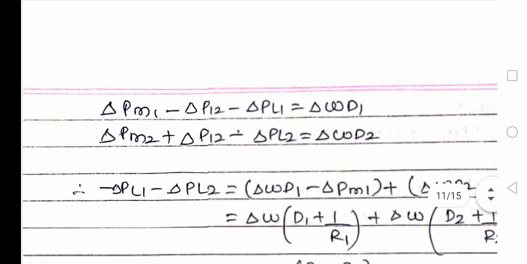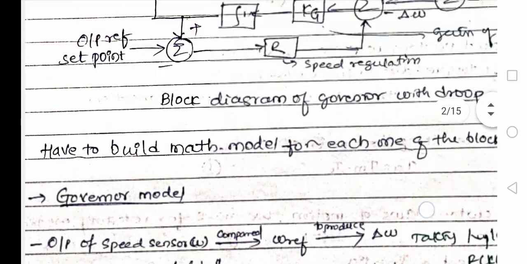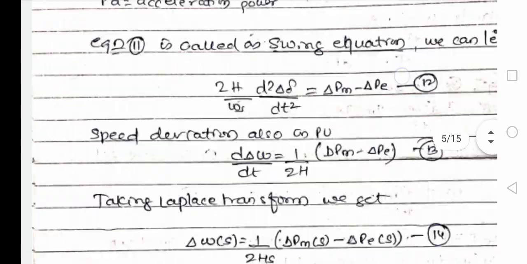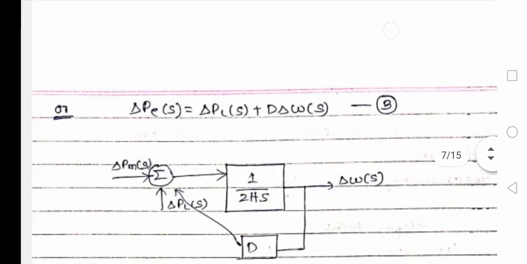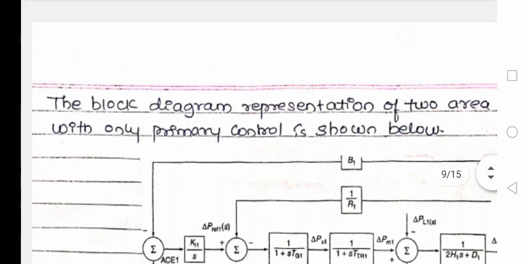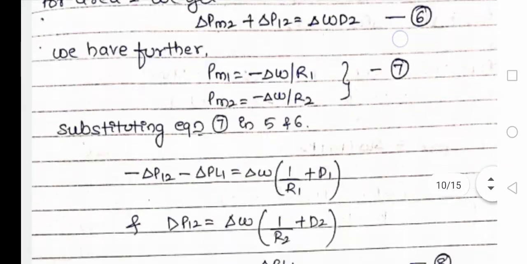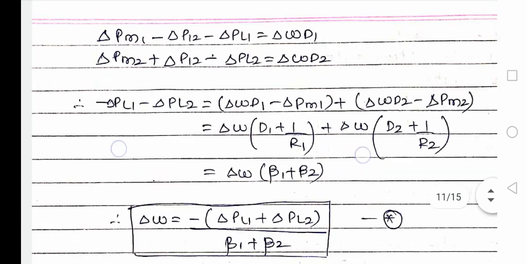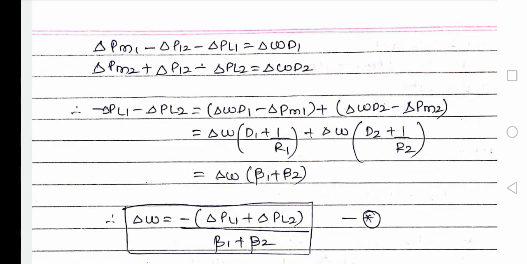So if you take it on the other side, then it will be minus, right? So what we need to do, we need to have control over both the areas. So here delta omega D1 minus PM1, delta omega D2 minus delta PM2.